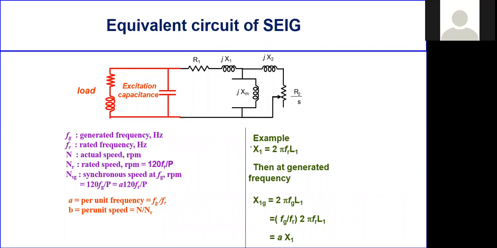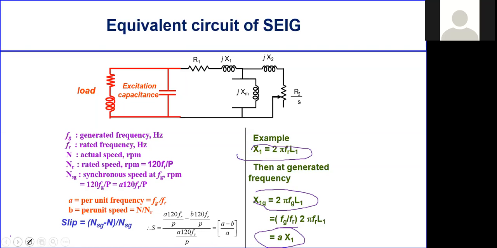X1 is equal to 2 pi f L1, and X1g at the generator frequency is equal to 2 pi Fg L1. Then Fg divided by Fr times X1 gives A into X1, where A represents the per unit frequency. Similarly, the slip can be written as A minus B divided by A.